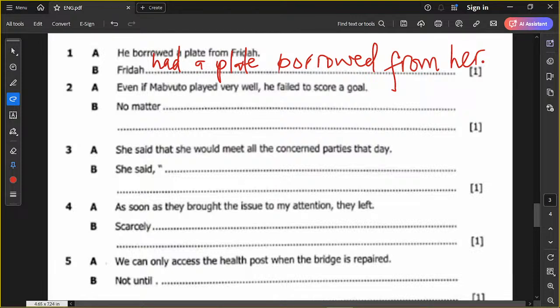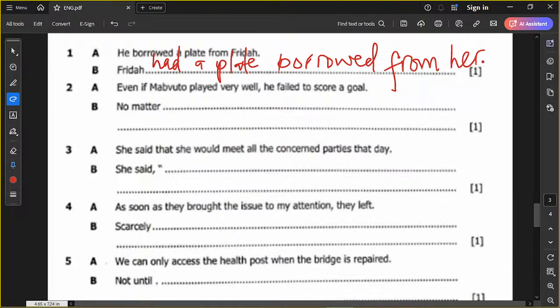Okay, we come to question 2. Question 2a: Even if Mavuto played very well, he failed to score a goal. Begin with no matter. So here, even if Mavuto played well, he failed to score a goal.